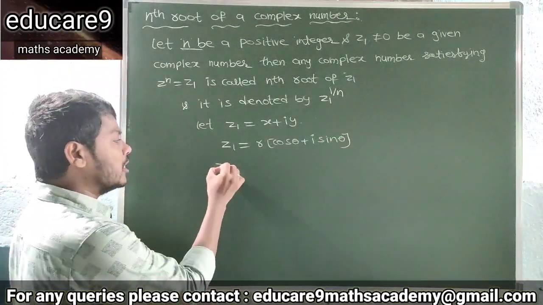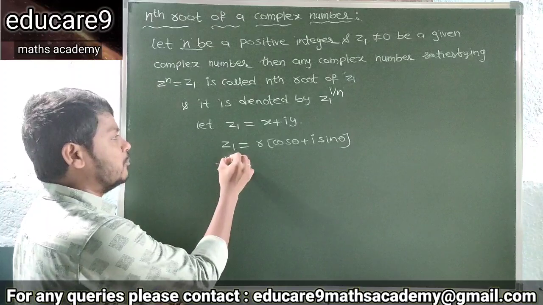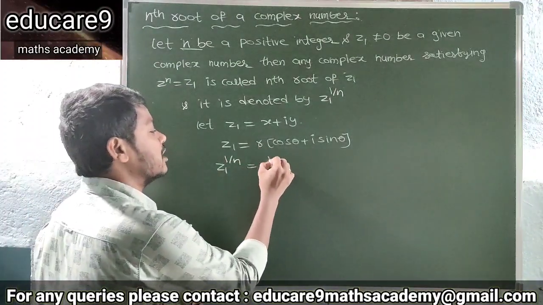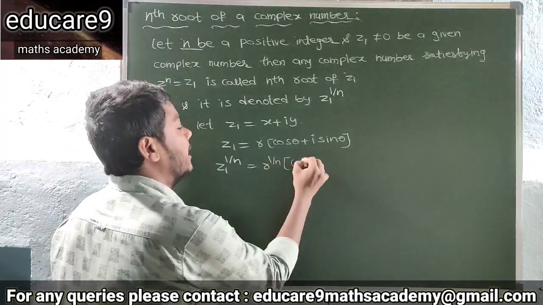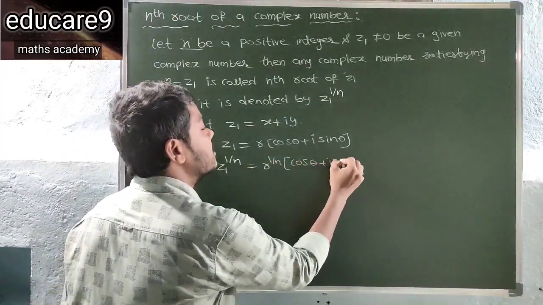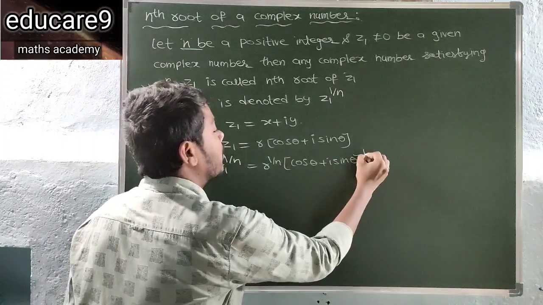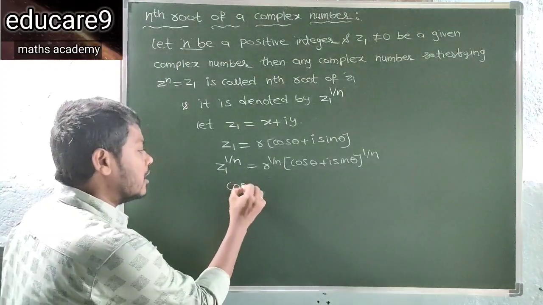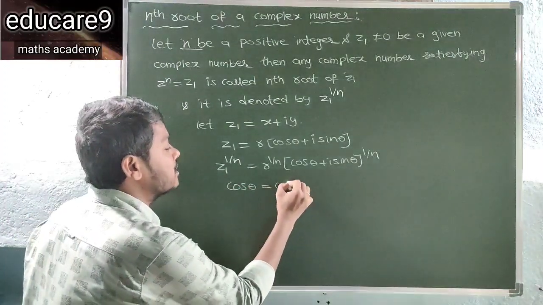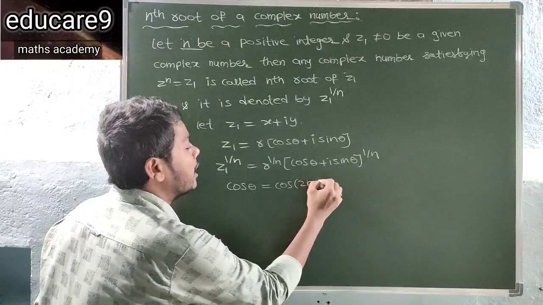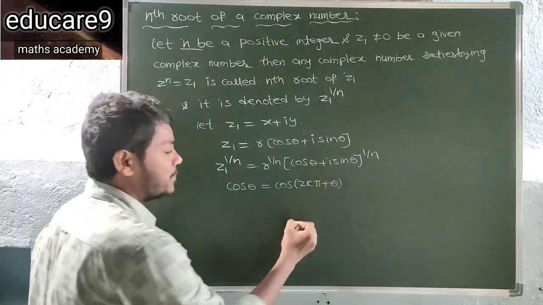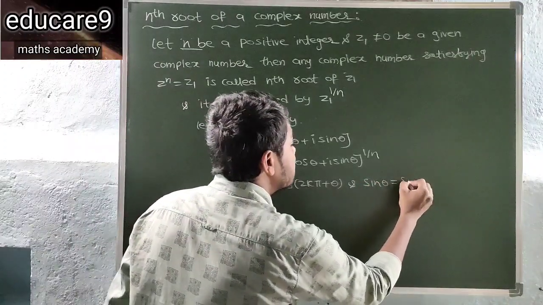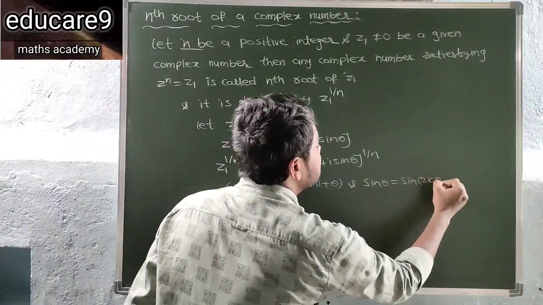Now find the nth root of the complex number, that is z1 power 1 by n. This is written as r power 1 by n times (cos theta plus i sin theta) all to the power of 1 by n. Here cos theta can be written as cos of 2k pi plus theta, and sin theta can be written as sin of 2k pi plus theta.